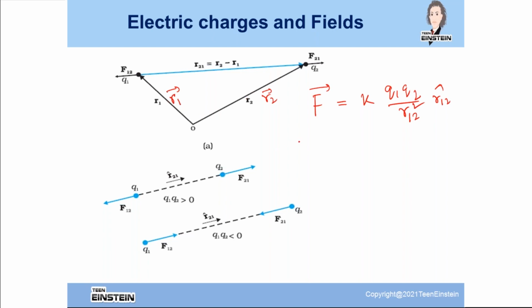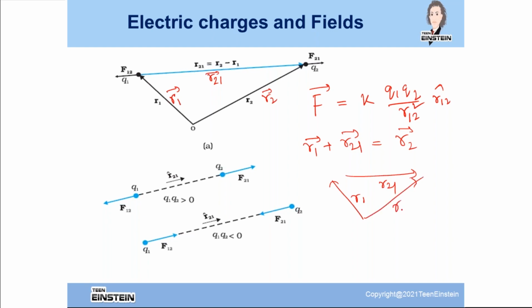So what will be the distance between them? I will write it in terms of the law of triangle of addition. I have these two vectors, so I can write in terms of the law of triangle. Suppose this is R21 vector.